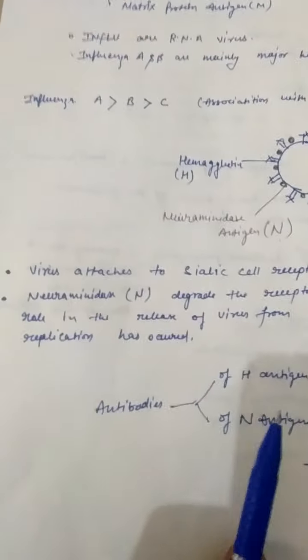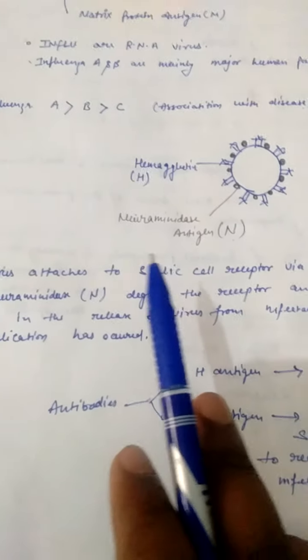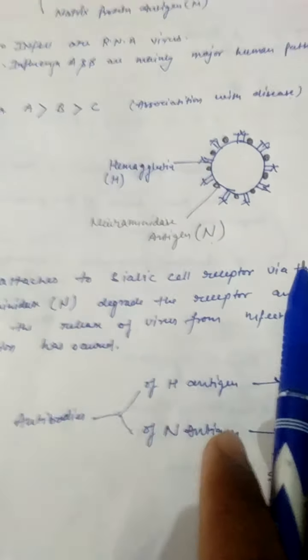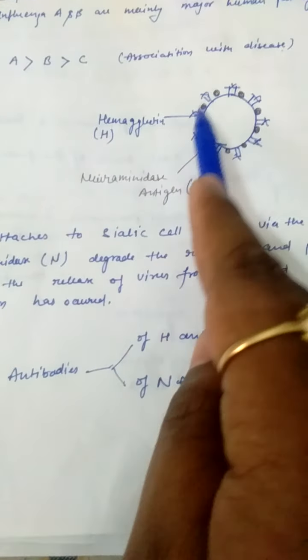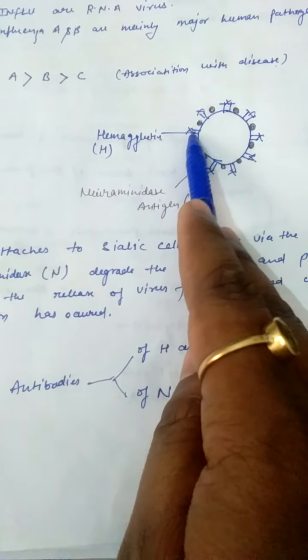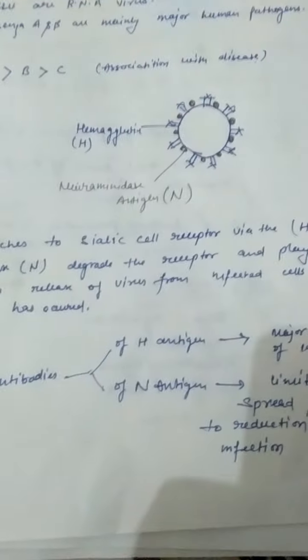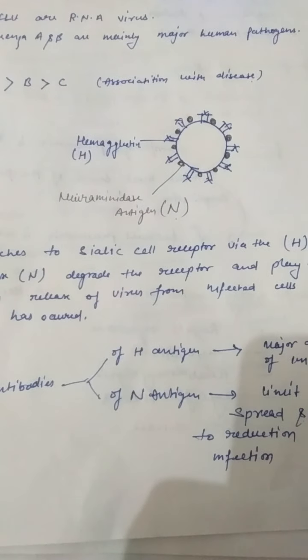Okay. So the virus attaches to the sialic acid cell receptors via the H, which means hemagglutinin. Viruses attach with this type of hemagglutinin to the receptor, and the receptor is the sialic acid cell receptor.